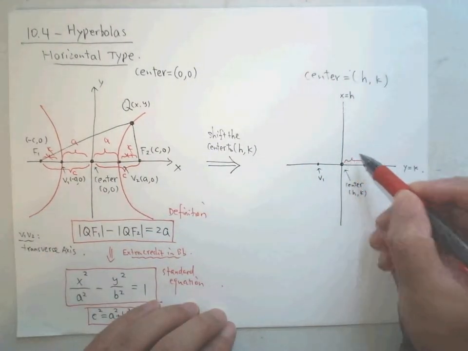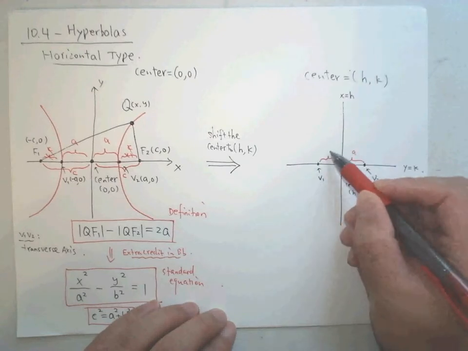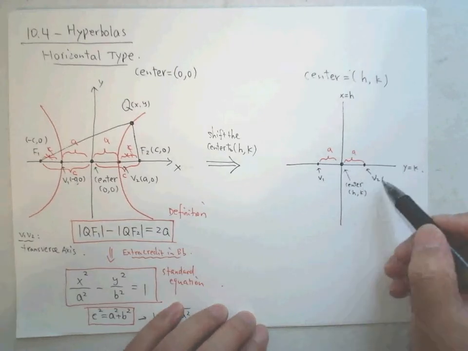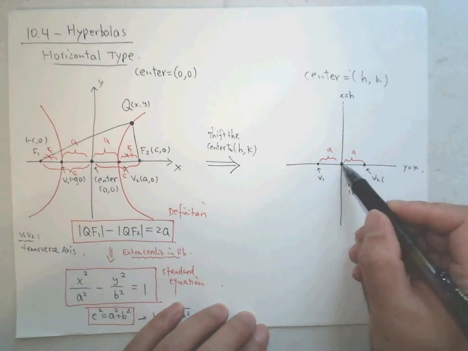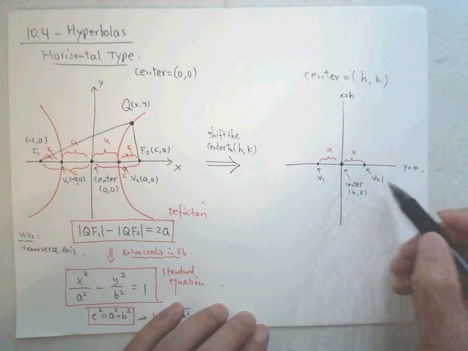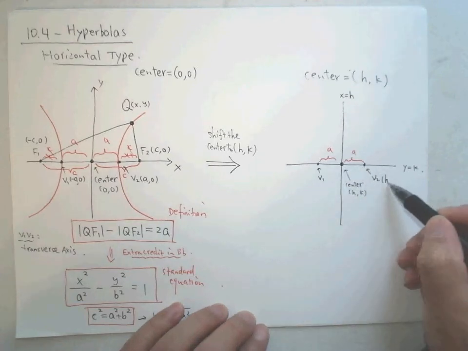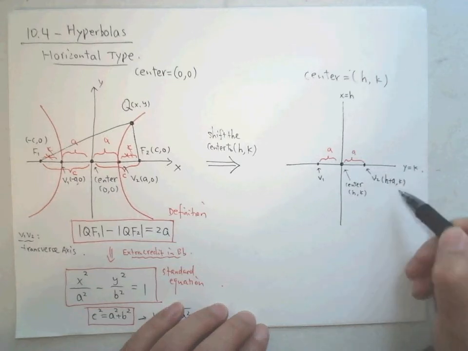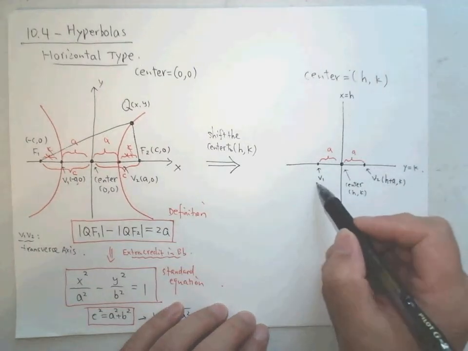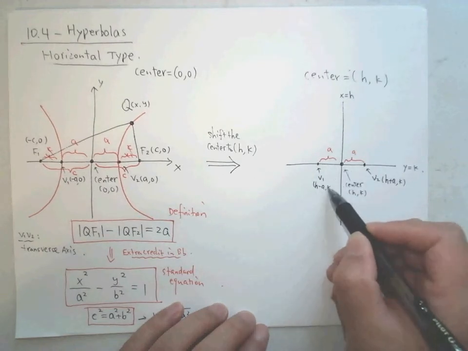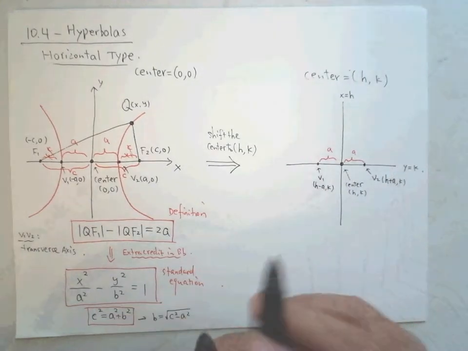So this distance is A, this distance is A, so we can identify the coordinates. This time the coordinate is no longer A, right? This point is from the center shift. The original A here is now H plus A for x. K, we did not change, right? Y is always K. And so V1 should be this point shifted to the left, so H minus A and K. Okay, we determined the vertices.